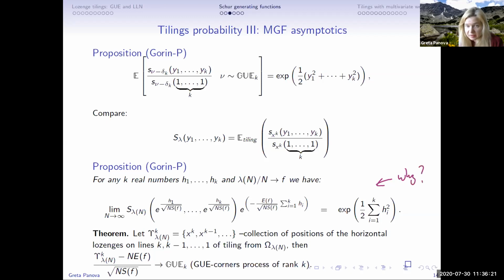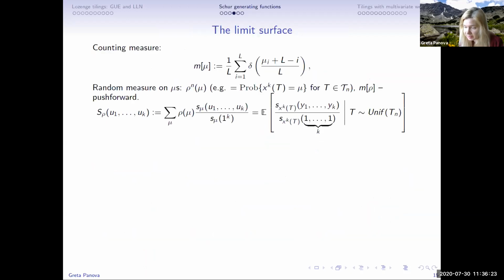So I just wanted to state another result, that this Schur generating function can also be used to find the limit surface in some sense. So not really explicitly as one would wish for, but at least prove the existence in certain cases.